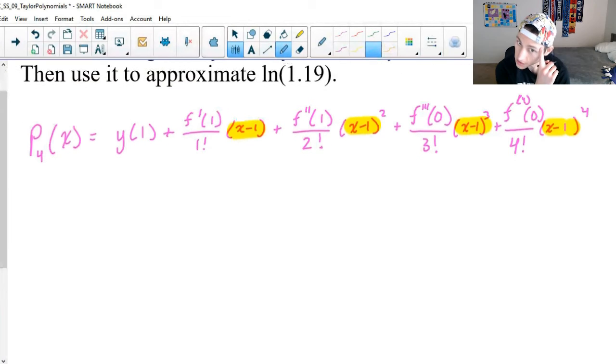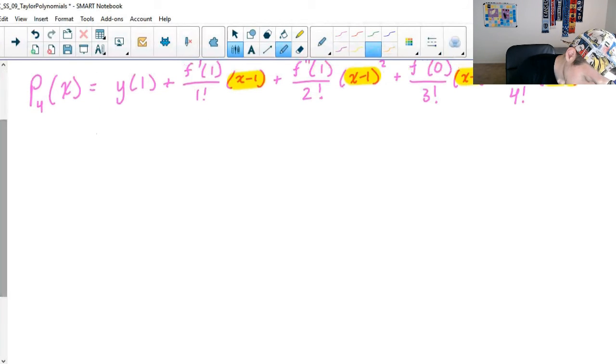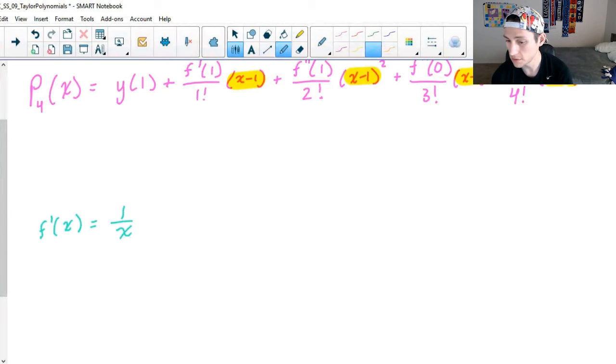Okay, so now let's just figure out what all of our derivatives and such are. So I'll go down a little bit. All right, the first derivative of natural log is 1 over x.